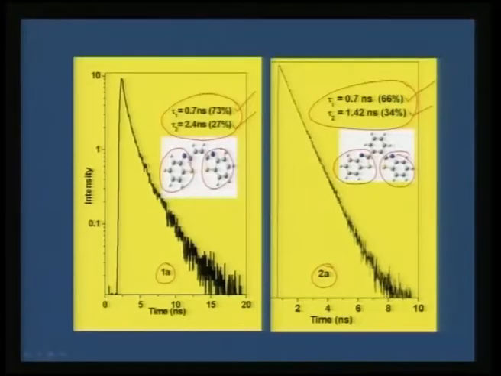In this case it is 1.42 nanoseconds, it is comparatively faster for aromatic linker compared to ethylene linker.